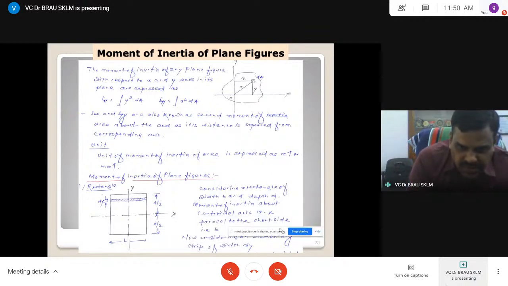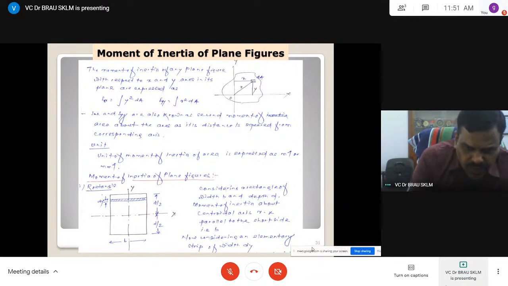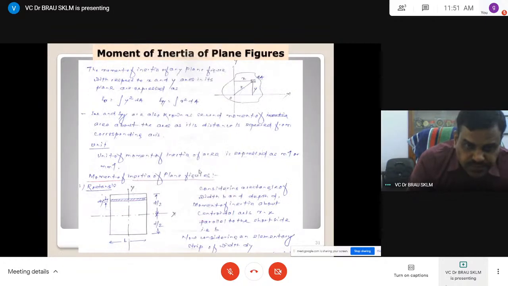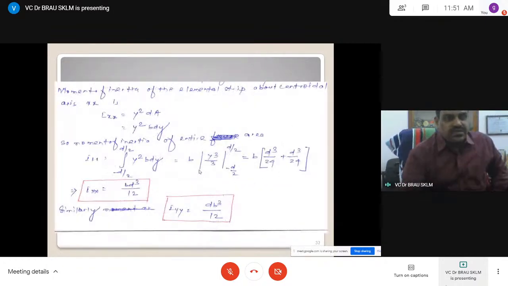Now let us consider the elementary strip of width dy, where b is the breadth. The area of the strip is b into dy.